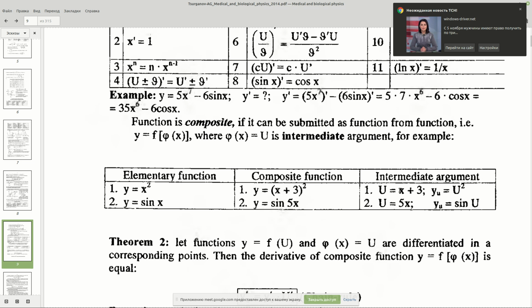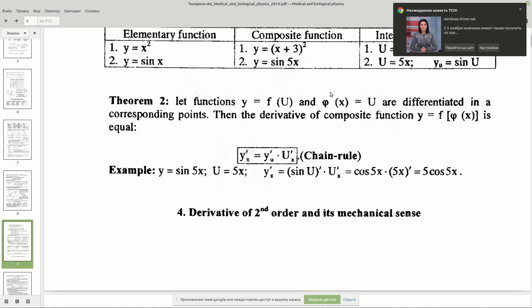So theorem 2: let y equal f of u, a function of u, and let phi be a function of x, equal to u, and let them be differentiable at the corresponding points. Then the derivative of the composite function y equals f of phi of x is given by the chain rule.